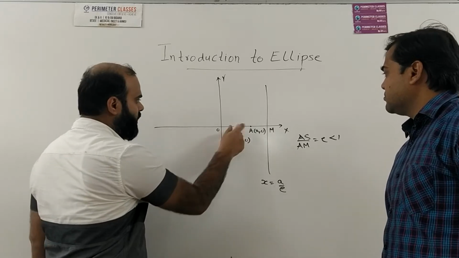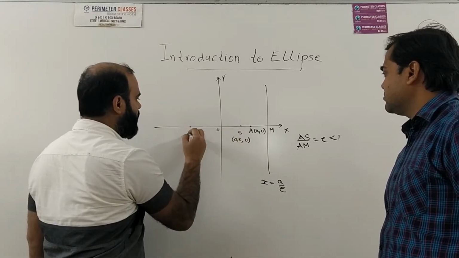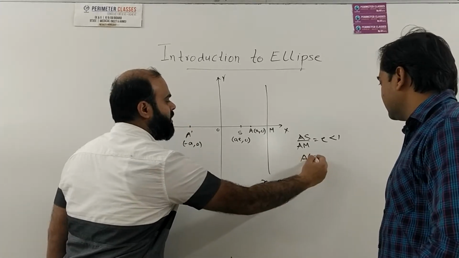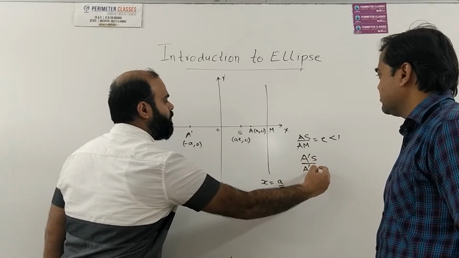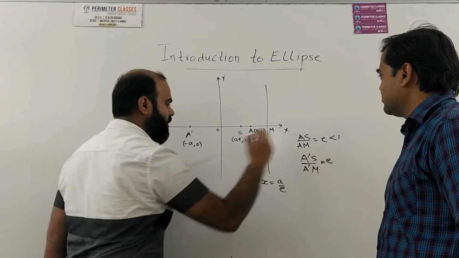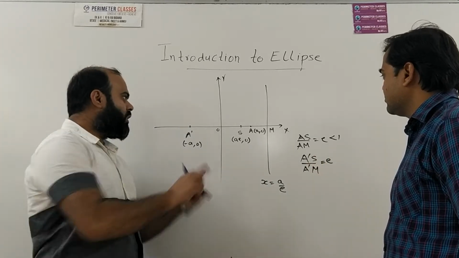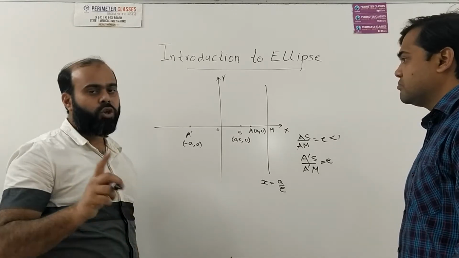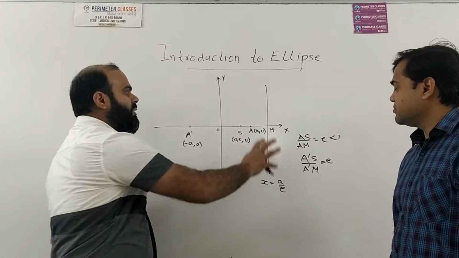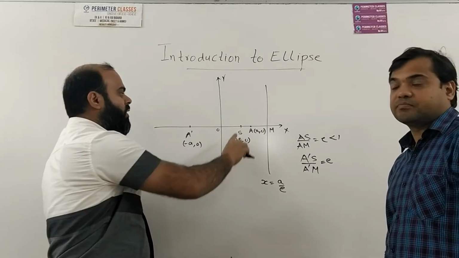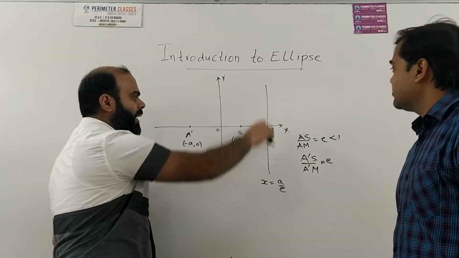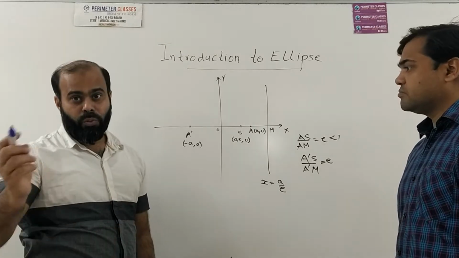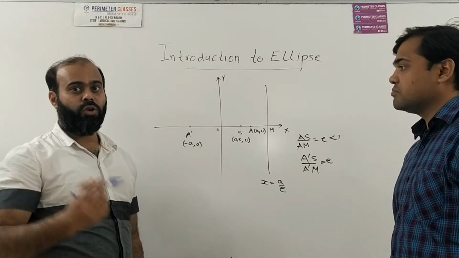There is another point similarly here, which is A dash (-a, 0), and we also have A'S by A'M equal to the same e. So basically these 2 points are on the major axis and are also called vertices of the ellipse, and they lie on the ellipse with focus (a, 0) and directrix x = a/e. But there are many other points, infinite points, which will lie on the ellipse.